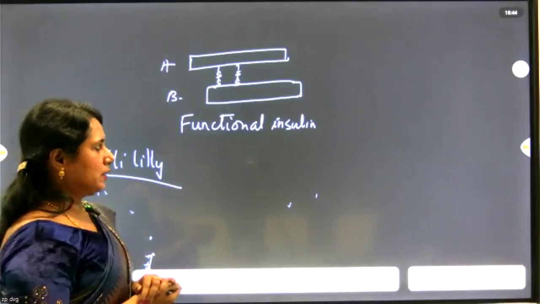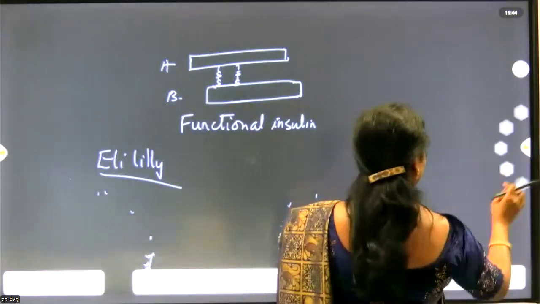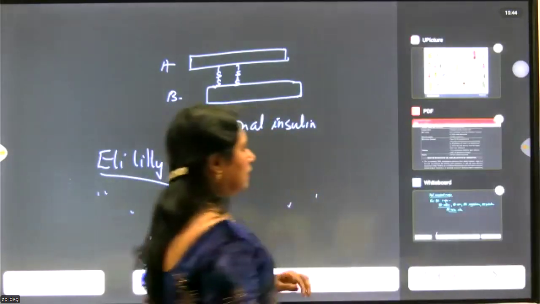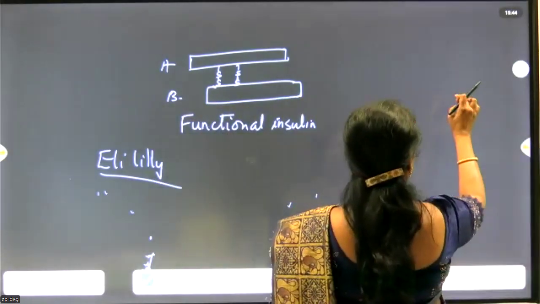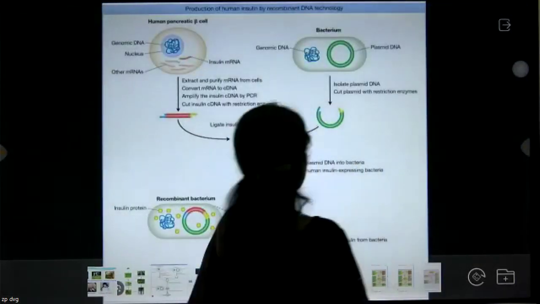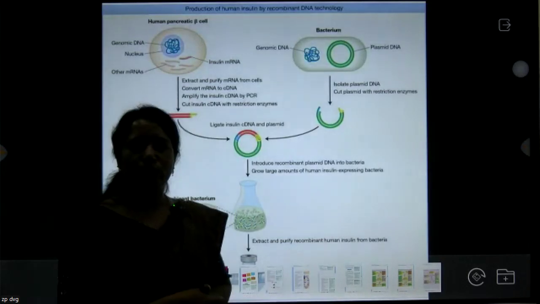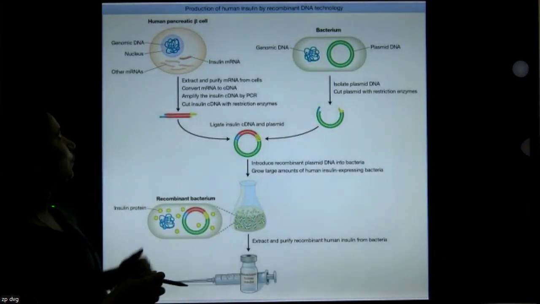This is the method of how insulin is produced using rDNA technology.